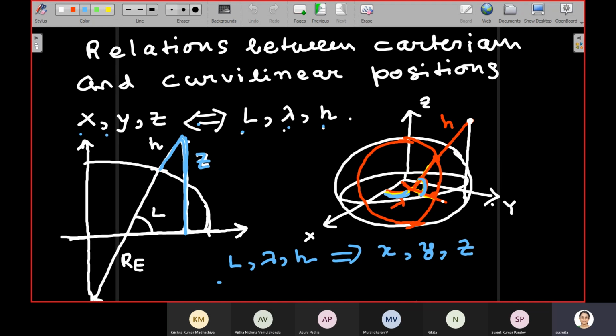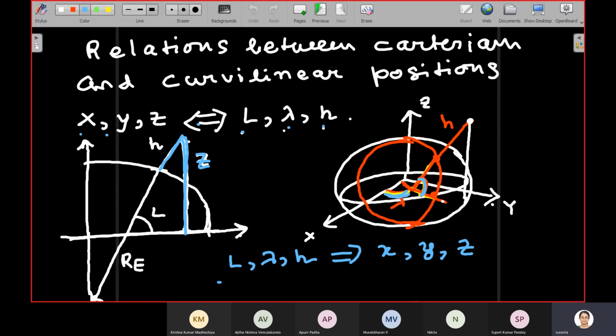Last time we were discussing the relations between the Cartesian and curvilinear positions, and I also gave you a homework problem. Today I'll quickly write down the equations that you are supposed to derive so that when you do it, you will know that you have done it properly. And I will also give you the other form.